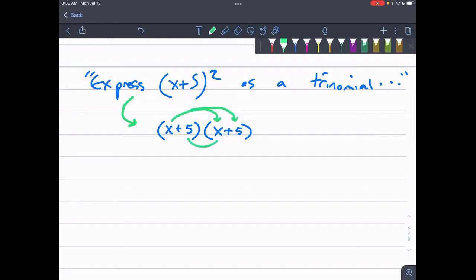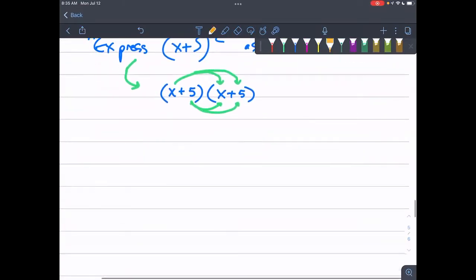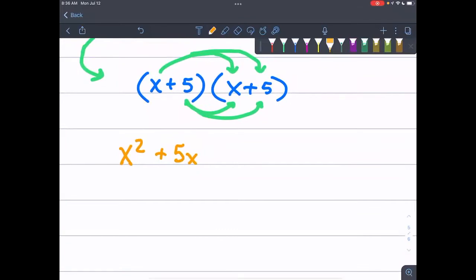We'll distribute the 5 times x, 5 times 5. So x times x is x squared, x times 5, positive 5x. In the middle, 5 times x.